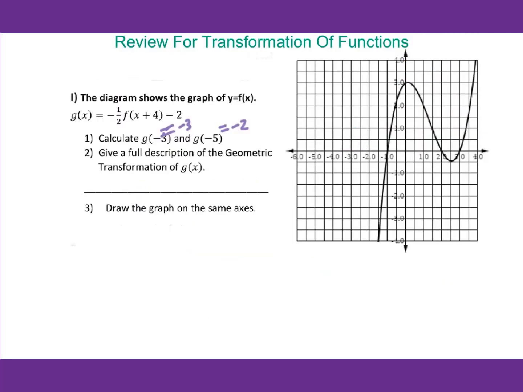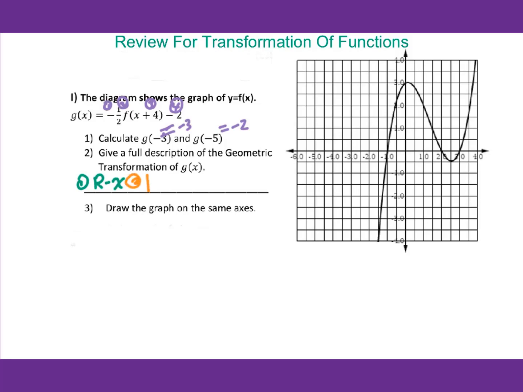Give a full description of the geometric transformation of g of x. For the negative sign, that's the first step. Second step for 1/2. Third and a fourth step. Therefore, we could write down the first step is reflect across x-axis.